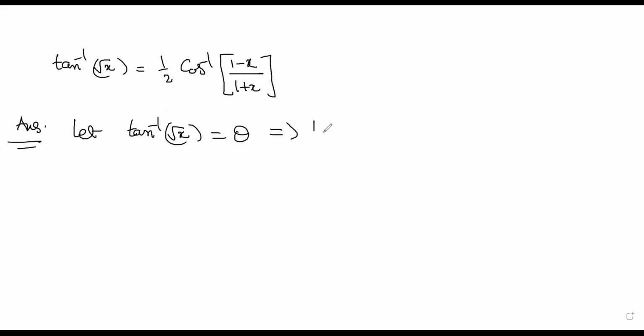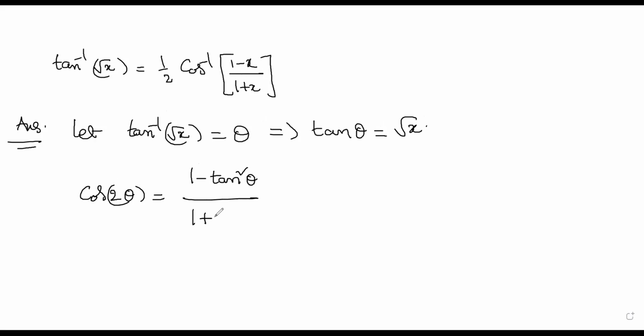So what is tan theta now? That is root x. Now this is how the form is: (1 minus tan square theta) by (1 plus tan square theta). So I will find cos 2 theta. Cos 2 theta is (1 minus tan square theta) by (1 plus tan square theta).